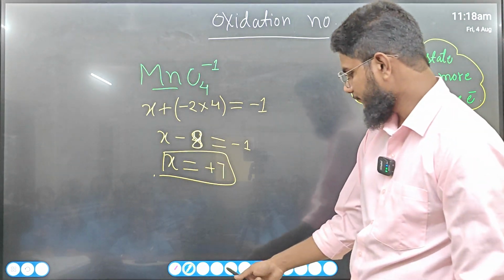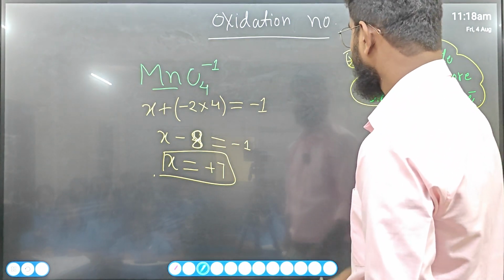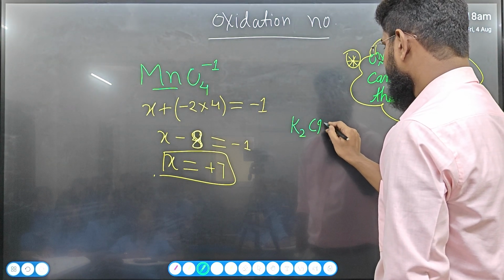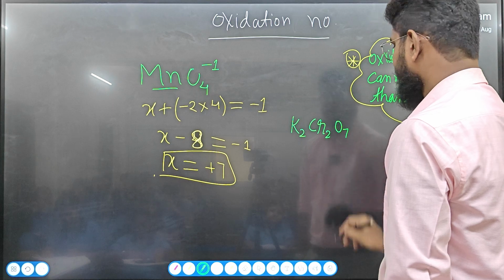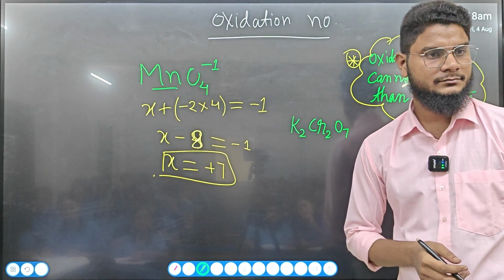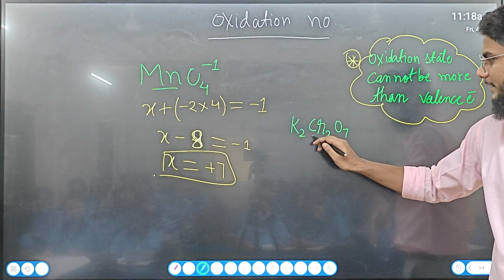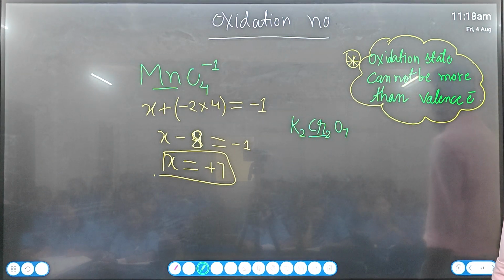Now if you want to find the oxidation state of, let's suppose, K2Cr2O7, tell me what will be the oxidation state for this? You have to find the oxidation state of chromium.